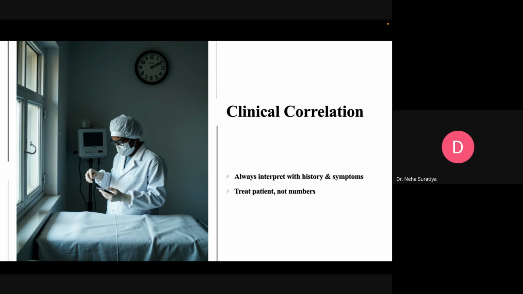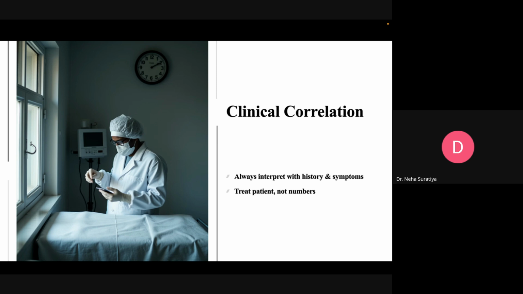As in the example of the sodium level, you need to understand in which patient it is urgently required and in which patient it is not required. So always ask yourself three questions, guys. Who is the patient? First of all, you need to analyze the patient's history and understand the patient. What are their symptoms?